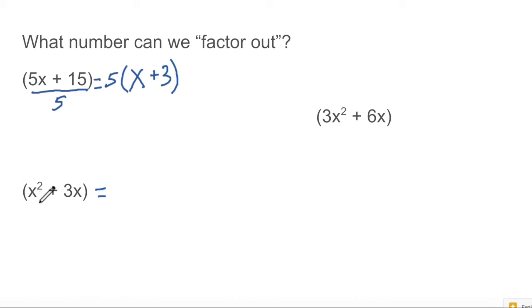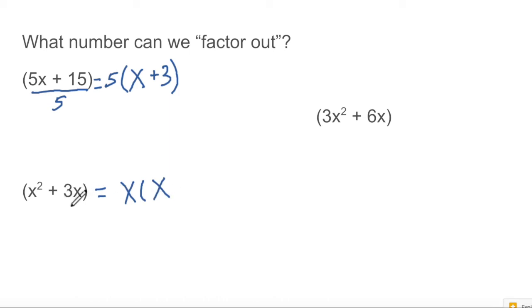What can we factor out of this? Oh boy, there's no number here, is there? There's no coefficient of x squared, so we can't factor a 3 out. But look, they both have x's in them, so we could factor one x out. So let's see, x times, if we divide an x out of x squared, what do we get? Well, we get just x.